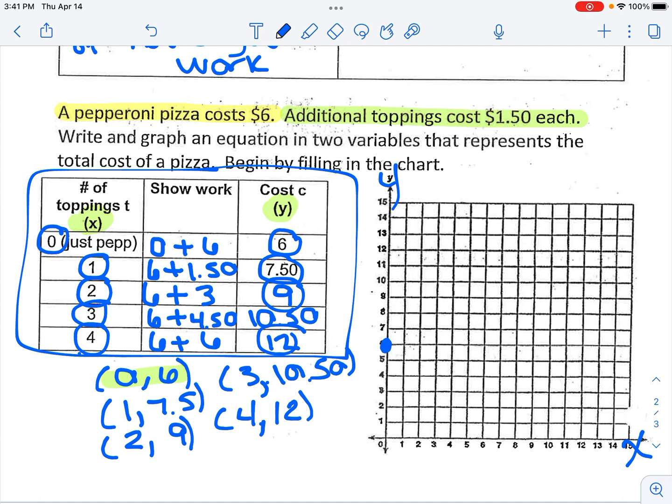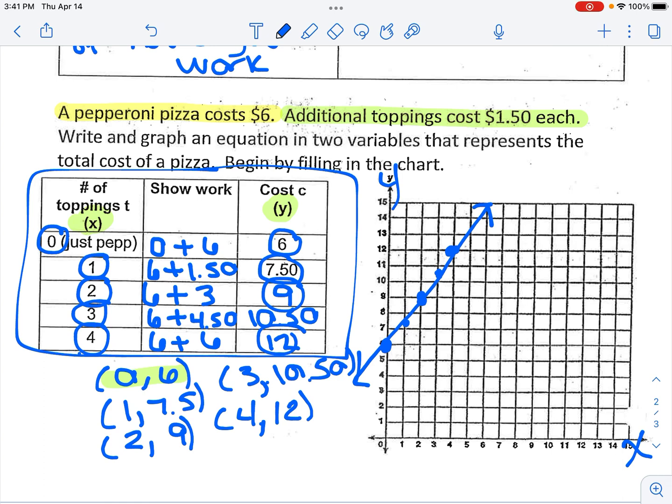I'm going to go over to 1 on the X and up to 7.5 on my Y. 2 toppings, 2 on the X, cost $9, 9 on the Y. 3 toppings, move over to 3 on the X, would be $10.50, go up to $10.50 on your Y. Or 4 toppings would cost $12, so right to 4 and up to 12. Notice how all of these points fall in a line. If your points fall in a line, you should always connect those like that.